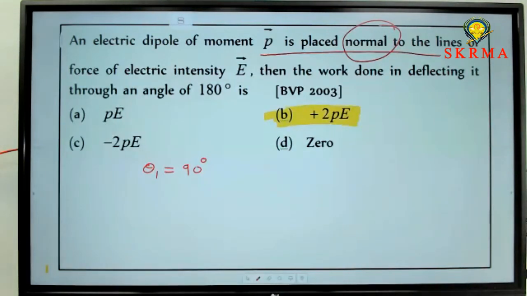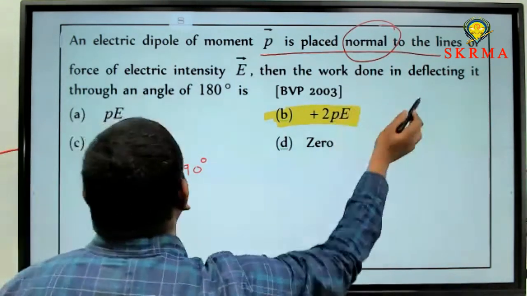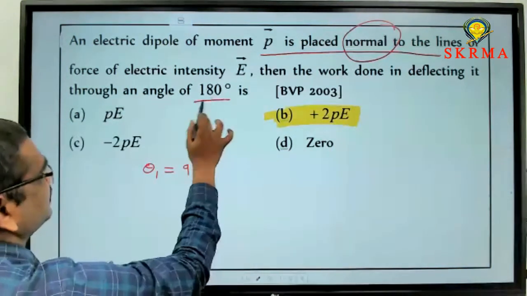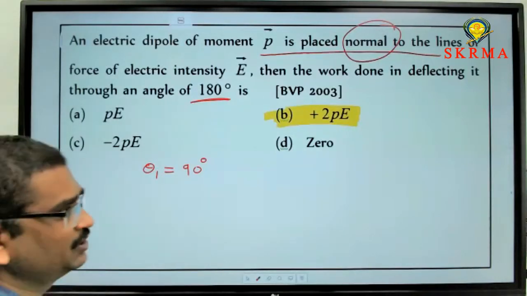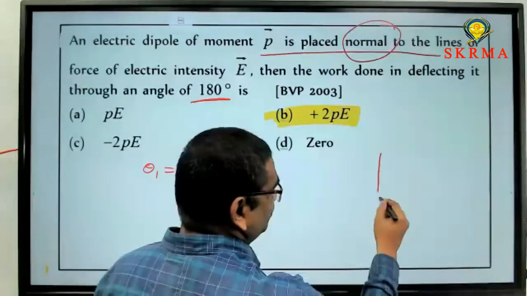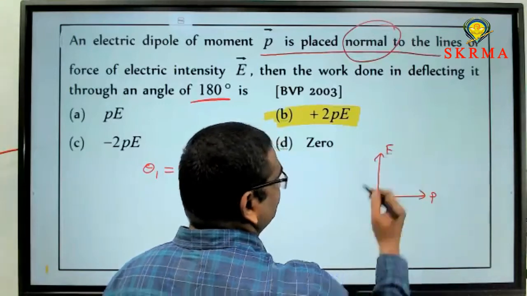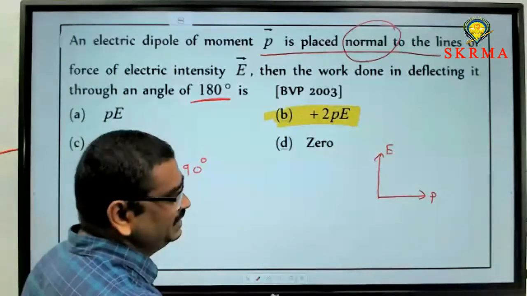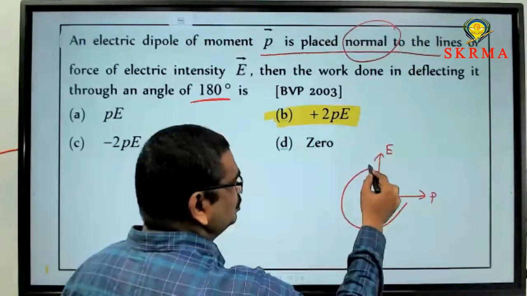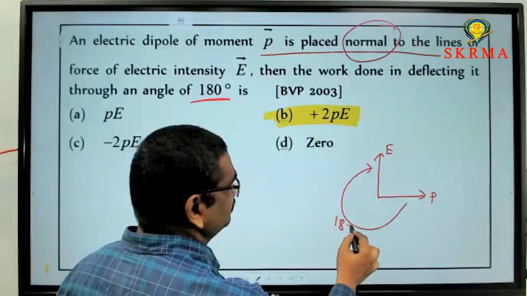Okay, fine. Next, the work done in rotating it through 180 degrees. So how much do we need to rotate? Initially assume this is the dipole moment and this is the electric field. Now we need to rotate this by an angle of 180 degrees.